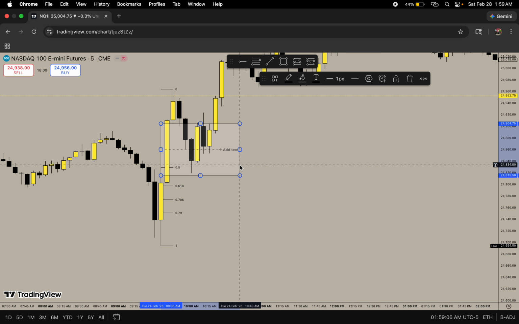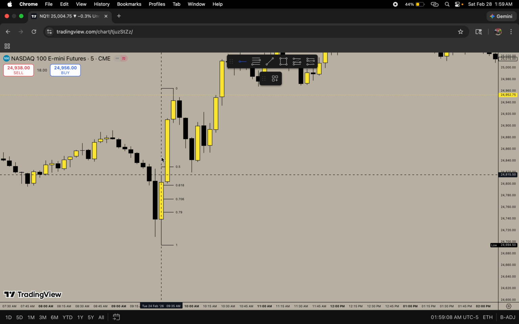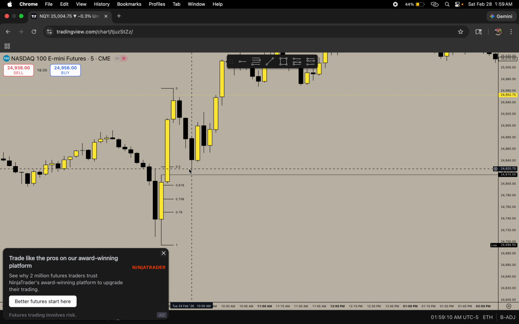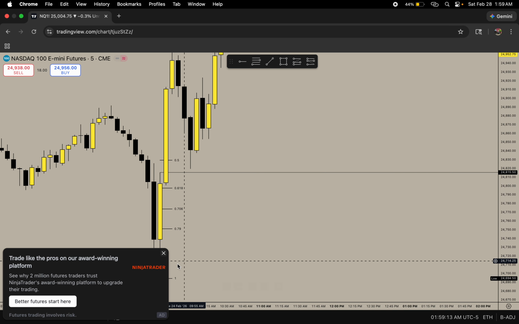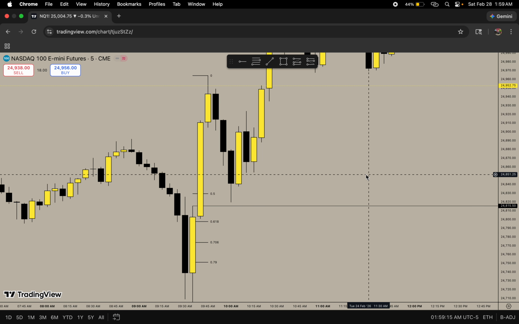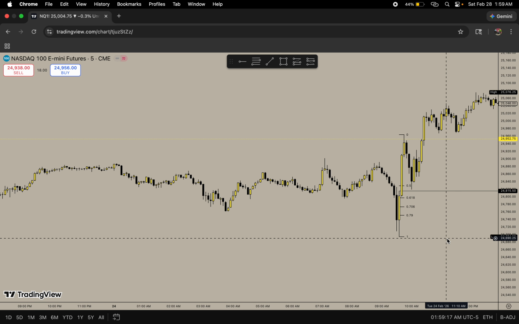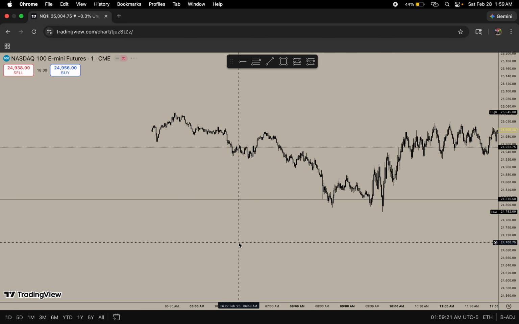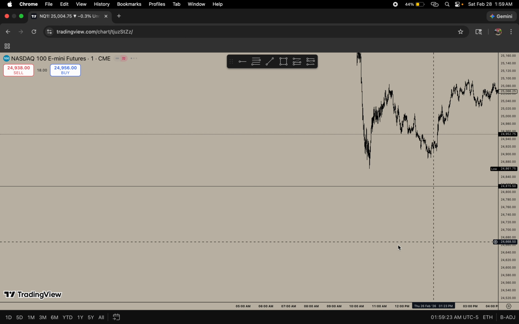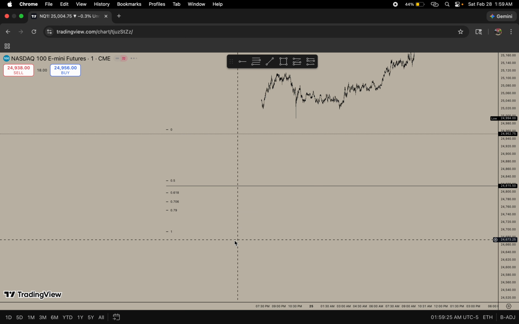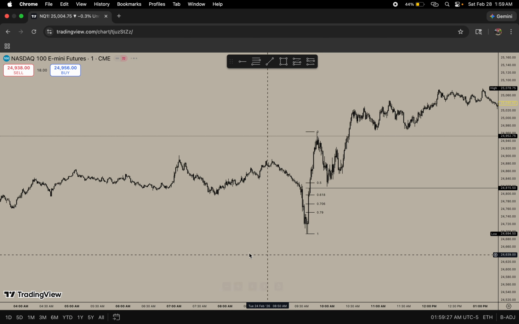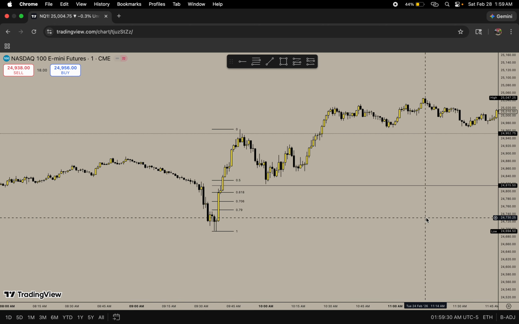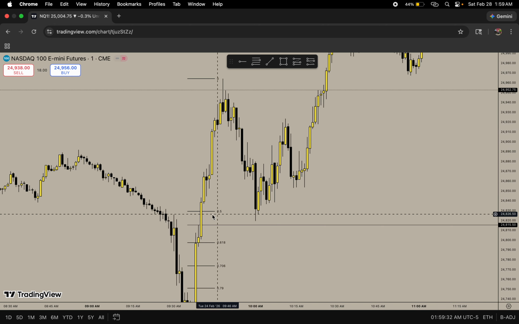Sometimes it could give you a gap fill, just about close to a gap fill. So annoying, this thing. For the 1-minute, we have.